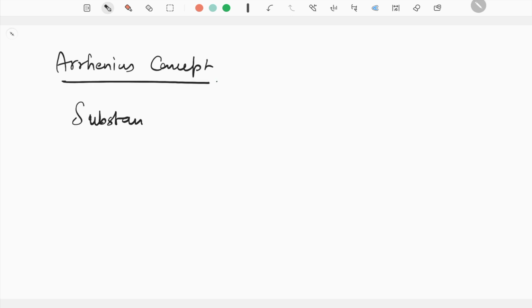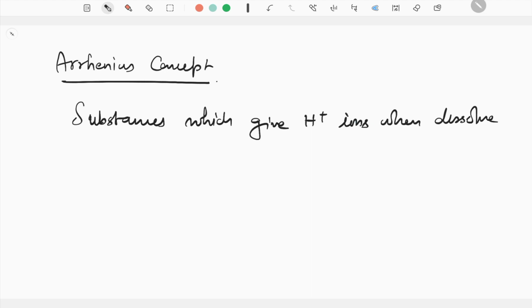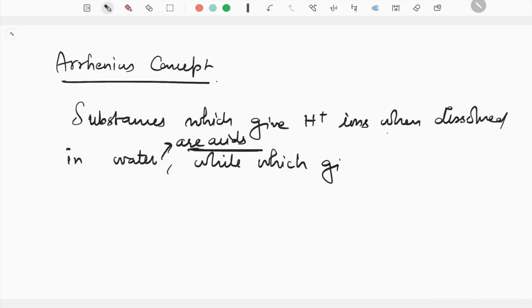Substances which give H positive ions when dissolved in water are acids, while those which give OH negative ions are called bases.